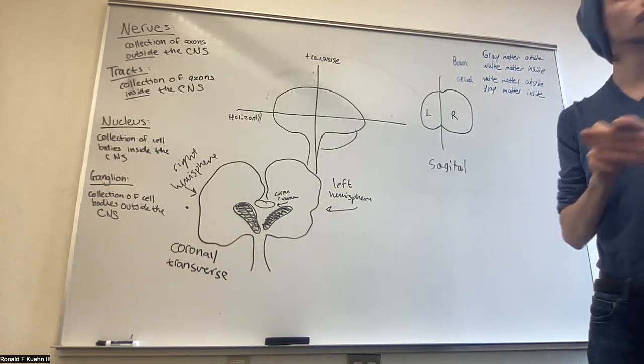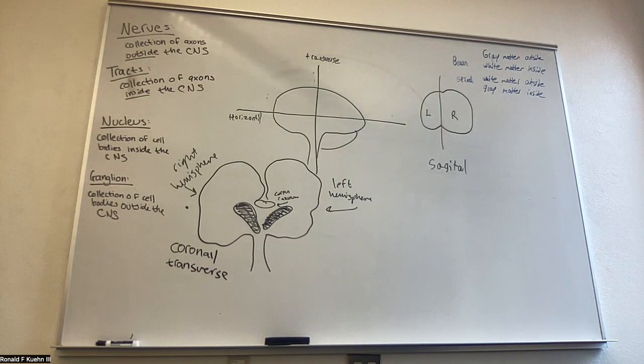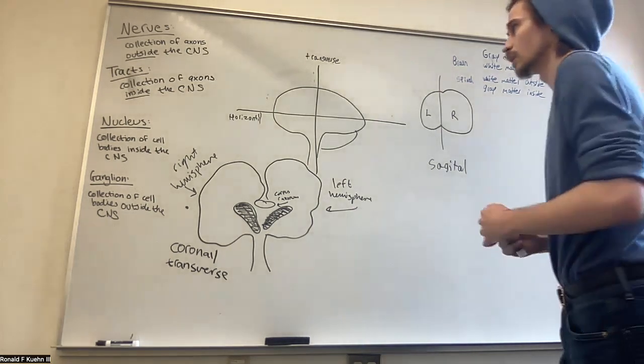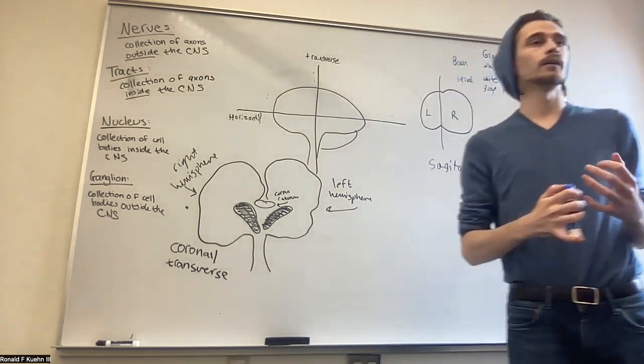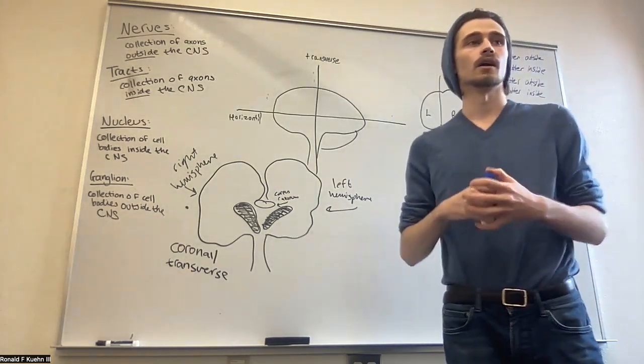Do you think he'll ask us what it does instead of where it is? That's a possibility. I'm more confident he'll ask where it is. But if you have to know what it does, you can think that white matter is white because it contains a lot of myelination.